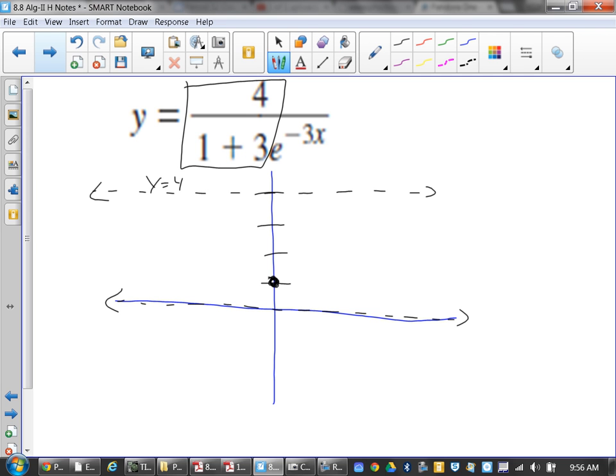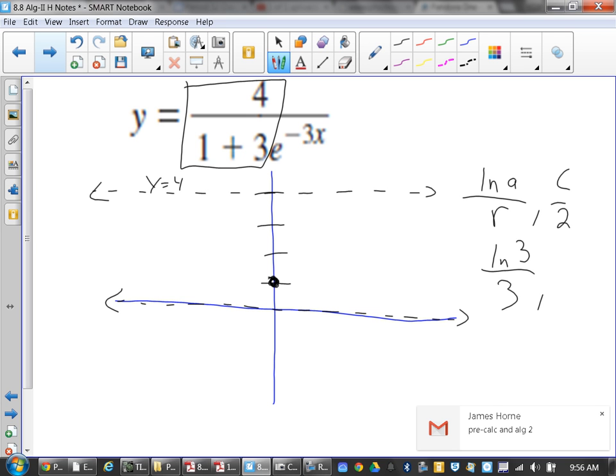So then it's the natural log of a over r, and then c over 2. Your a value is 3, so it's the natural log of 3. Your r value is 3, and then it's 4 divided by 2.